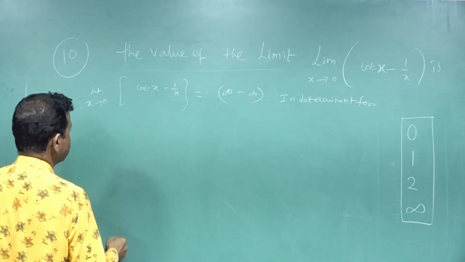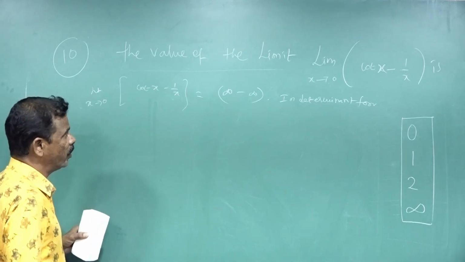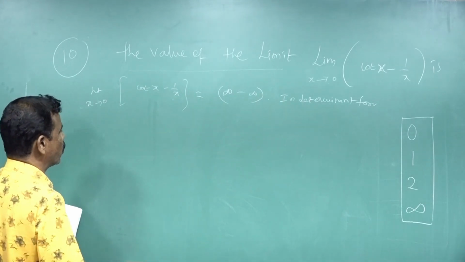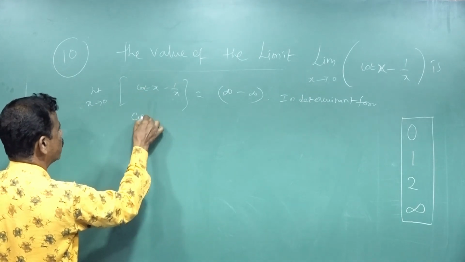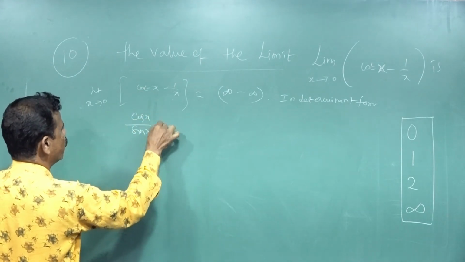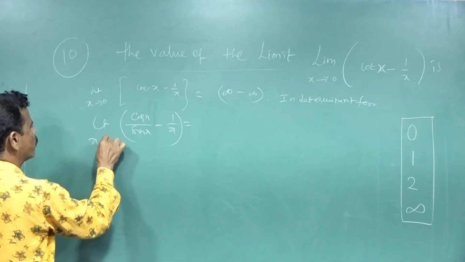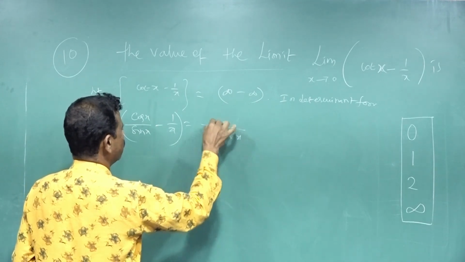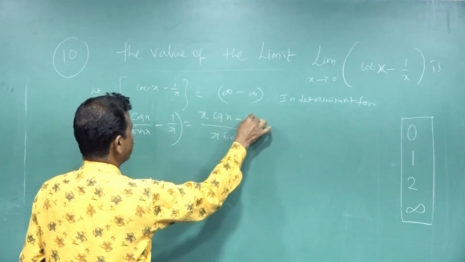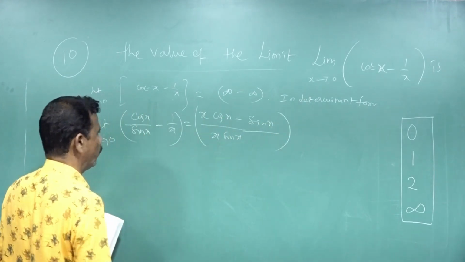So we take the derivative of numerator and denominator using L'Hospital's rule. First it is converted to cos x by sin x minus 1 by x, with the limit as x tends to 0. Taking the LCM x sin x, this is (x cos x minus sin x) by (x sin x), in u by v form.